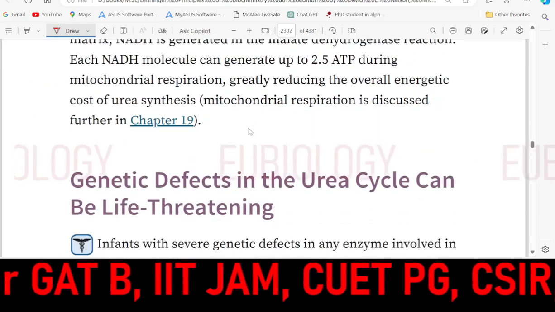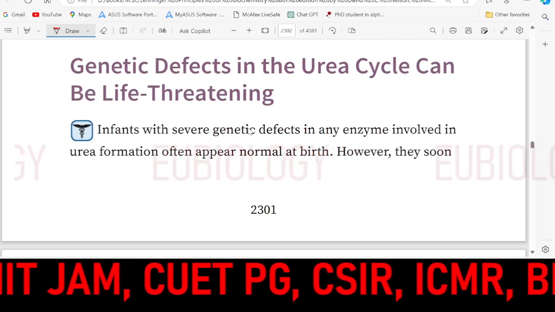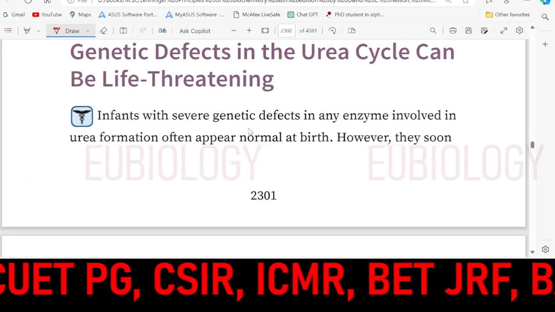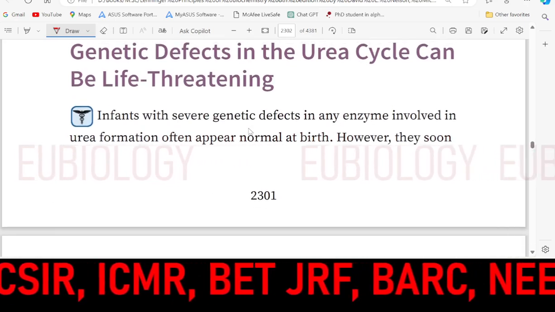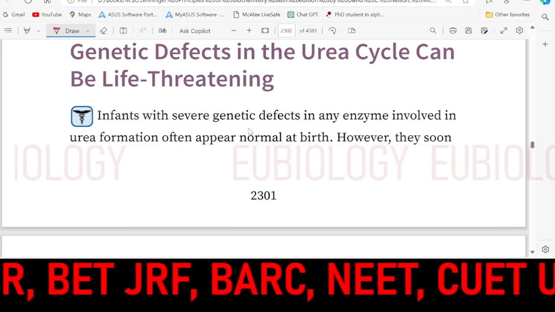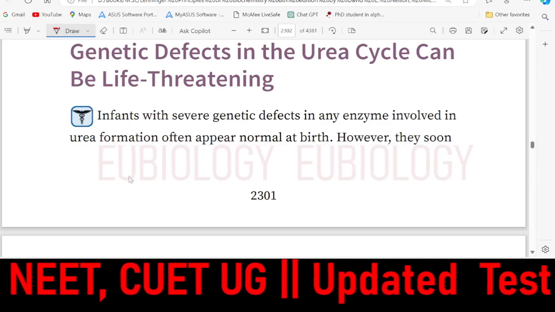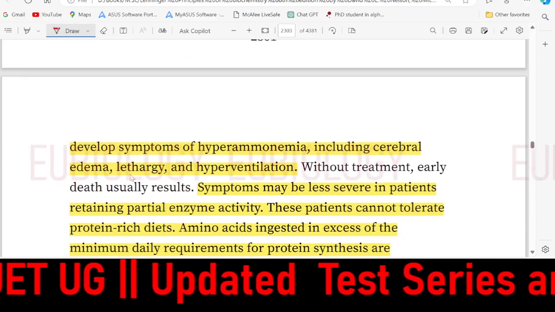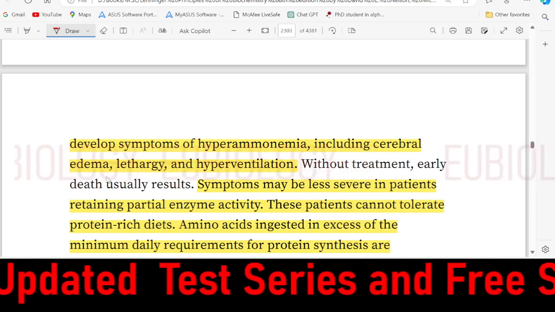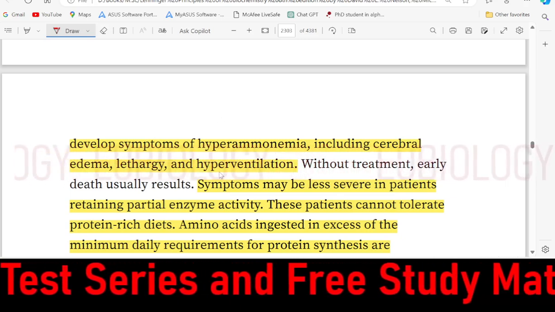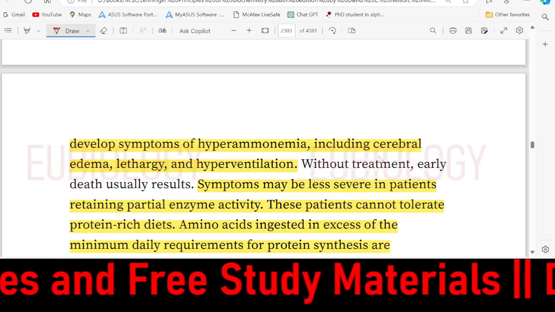Now the defects, as we said in the videos. So what are the defects that occur in this urea cycle? So major defects are because of the lack of the enzyme. So what are the lacking of the enzyme? Whenever the lack of the enzyme will be there, so you will find the edema or the lethargy or the hyperventilation or the cerebral edema.